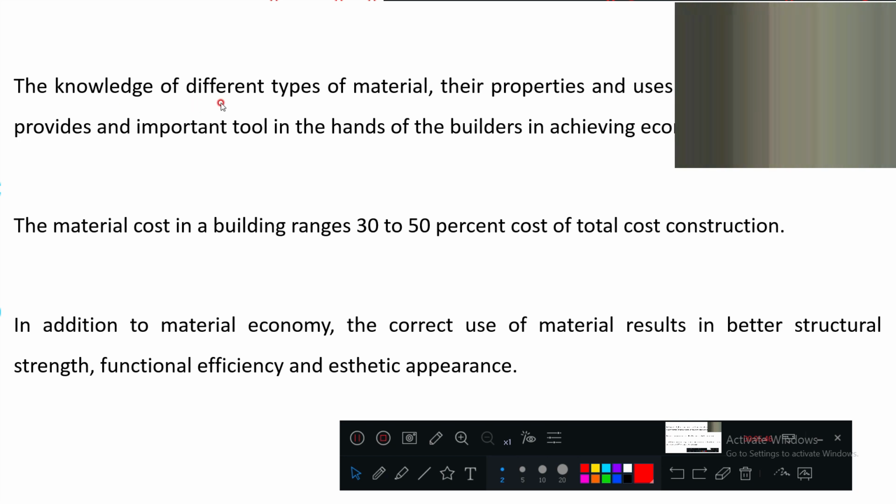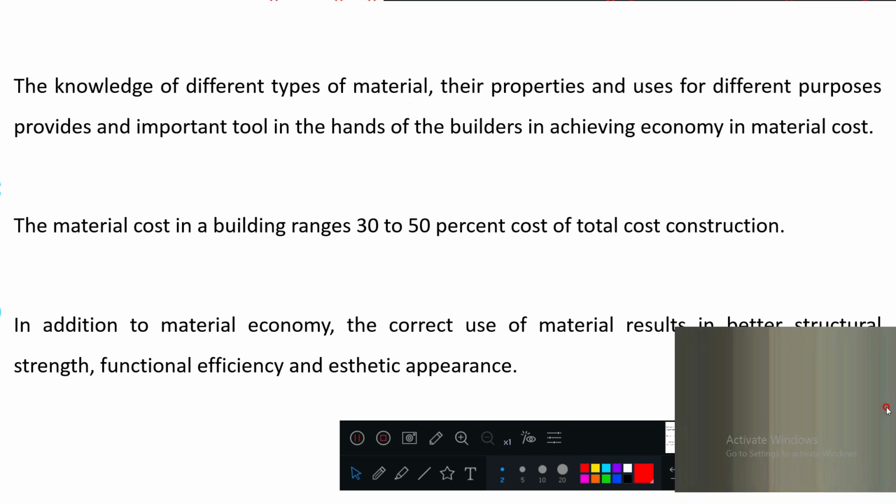Now, the knowledge of different types of materials, their properties and their uses for different purposes provides an important tool in the hands of builders in achieving economy. Economy means, if you have proper knowledge of the building material, you can easily reduce the cost of construction.